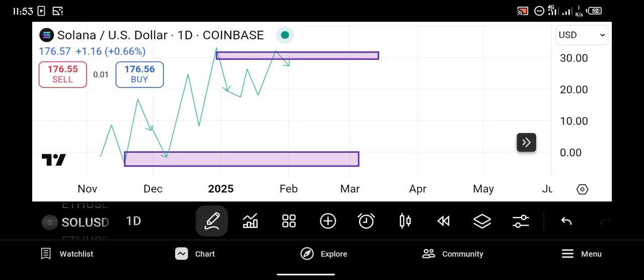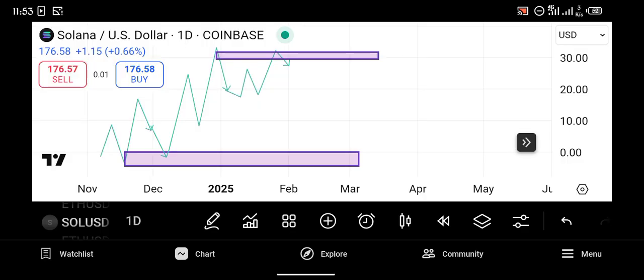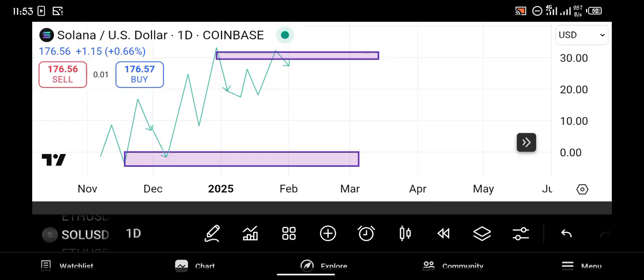Then whenever it comes back to a supply zone, right? Note this, it buys from demand and sells from supply. You buy from down, sorry. You buy from all these lows under here.